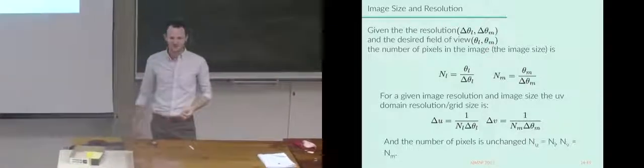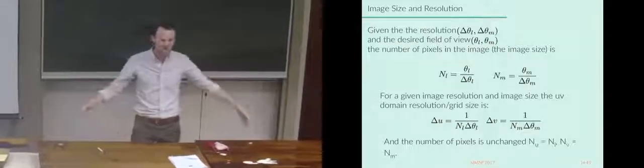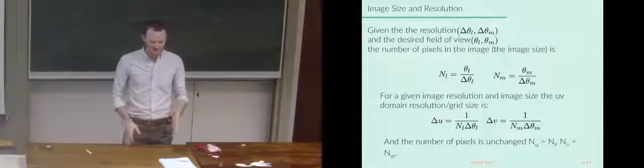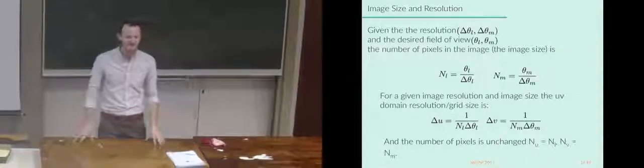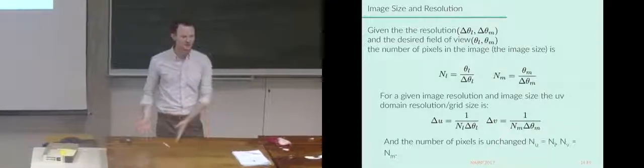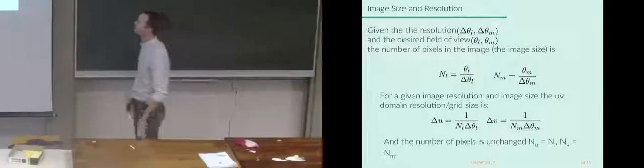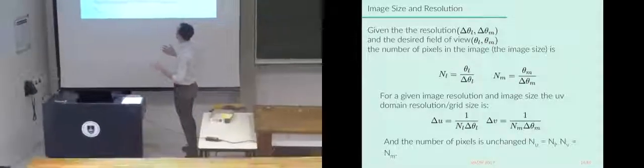This is a common thing to do. If you are imaging with a VLA with 20 kilometer baselines and the beam size is half a degree, that's a different kind of resolution and image size versus something like Cat7, which has a few 100-meter baseline and a few degrees beam, right? So in order to figure this out, you can use just these simple equations.